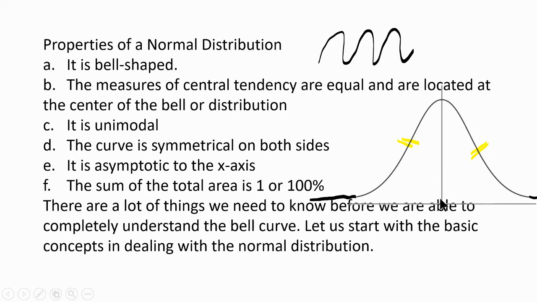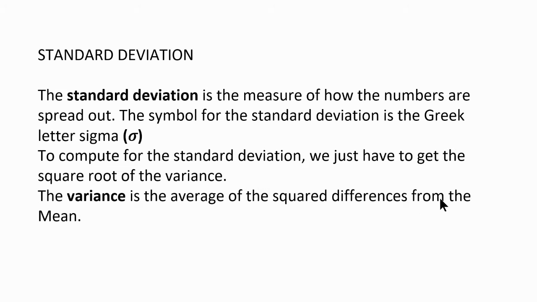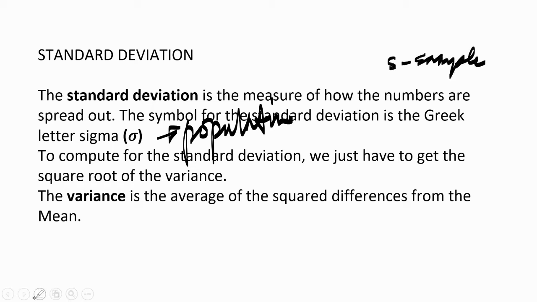So, unahin natin muna yung mga definition of terms na related sa bell curve. So, unang-una po is standard deviation. Although the standard deviation that we're going to be using here is sigma, since we're looking at population. Okay? And then we only use s if you're referring to sample. Okay?